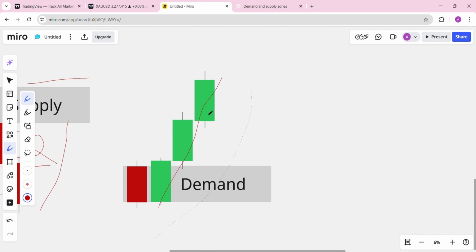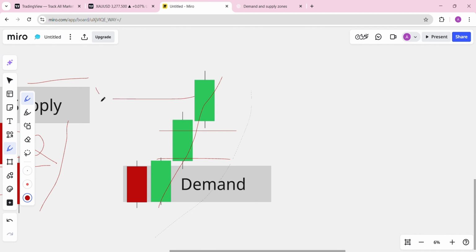And just like the supply zone that I demonstrated, you want to have the fair value gap, and you want to have the base of the movement, which is the last bearish candle that formed. You want to mark the base, and again you want to see it breaking structure.